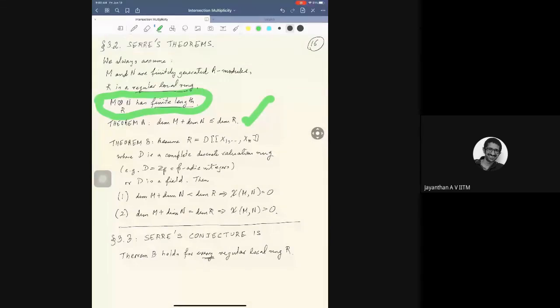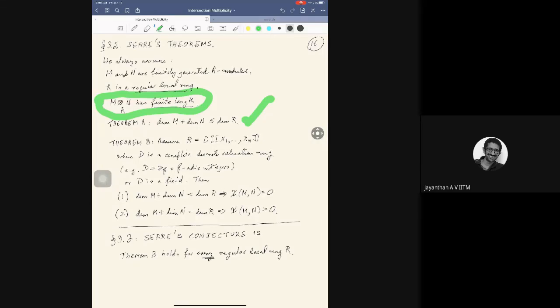For instance, take a discrete valuation ring like the p-adic integers or the ring of integers in a finite extension of them, and take a power series ring over that. Then he says, in addition, if the dimensions don't add up, if they fall short, then the intersection multiplicity is 0. When they do add up, it's positive. This is what he proved.